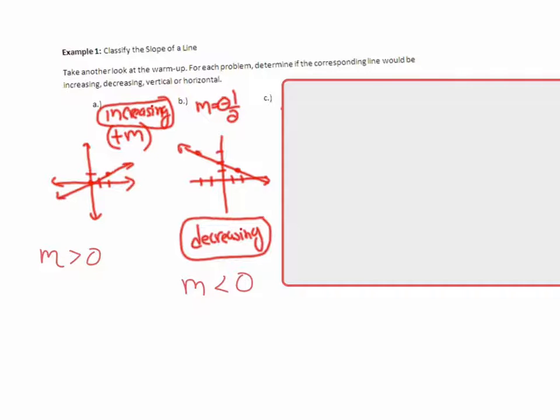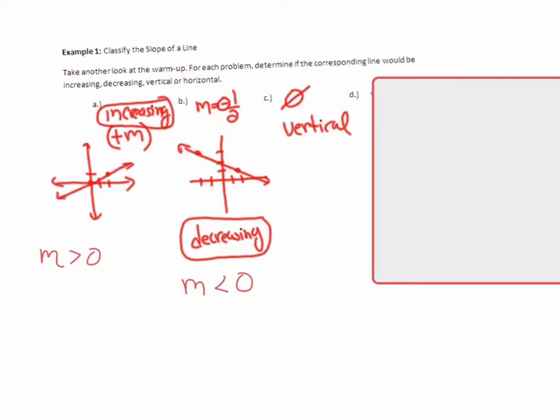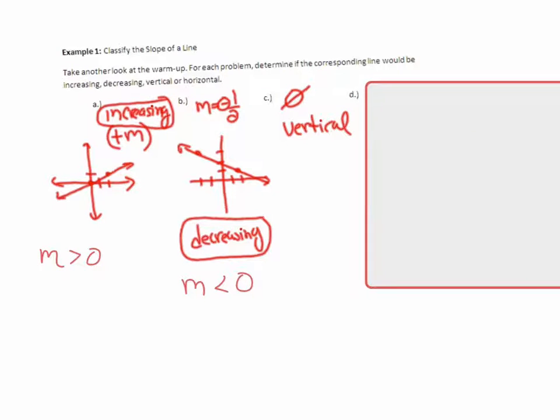Oh, wait, but there's more. You saw 4 different slopes in your warm-up. So let's talk about what happens if you get an undefined slope. If you were going to go back and plot those points from the warm-up, I could draw a picture, add one in for fun.